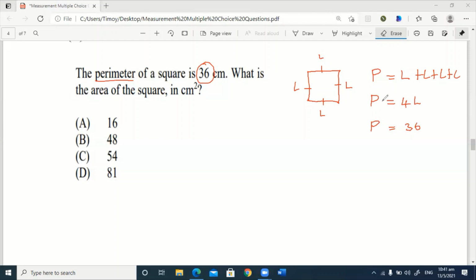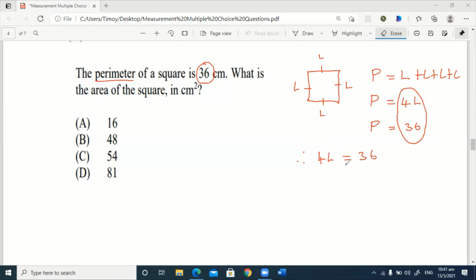Since we know that perimeter is equal to 4L, and perimeter here in the question is equal to 36, we can equate these two, since both are P. So we can conclude that 4L is going to equal 36.